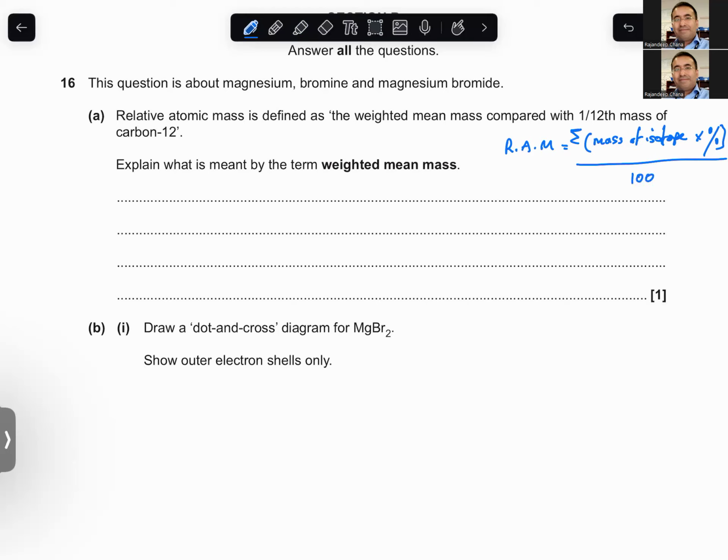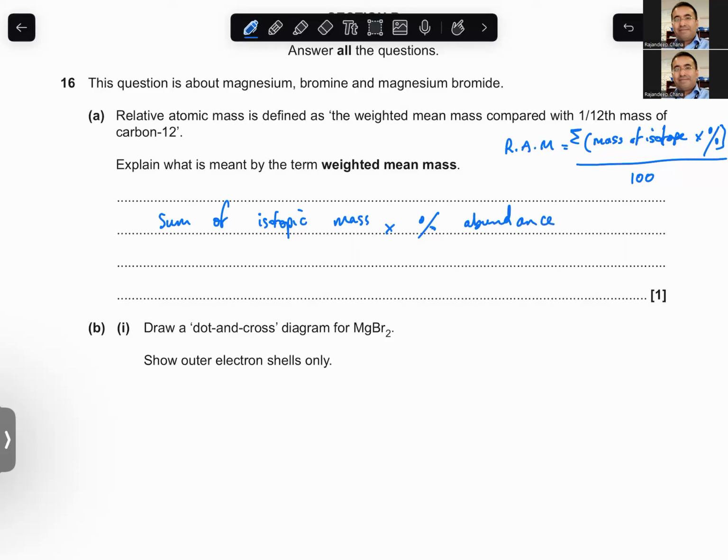Now, in terms of what is meant by the term weighted mean mass, the average mass of isotopes is not enough. You can either put this formula into words, or you can say taking into account the relative abundances of the mass of the isotopes. So you could say: sum of the isotopic mass multiplied by the percentage abundance.